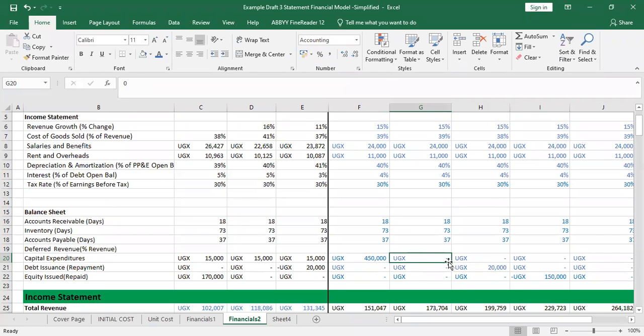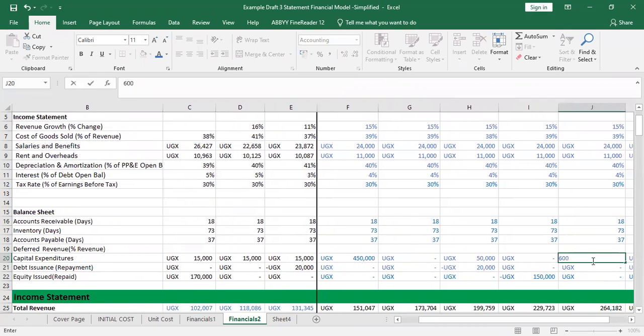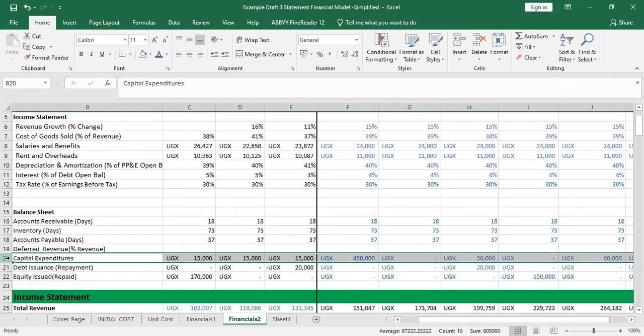In year 2, no, I'm not going to buy. In year 3, maybe I'll buy something worth 50K. In year 4, maybe I'll buy something worth 60K. This is capital expenditure. That is just the amount of money that you intend to spend to buy assets in that particular year. That is the figure you need.